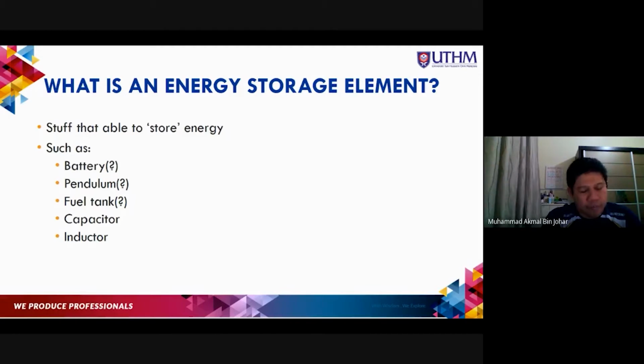Okay, so as you know, a capacitor and a battery are similar. The only difference is the battery is able to hold or store your energy for a much longer period of time.